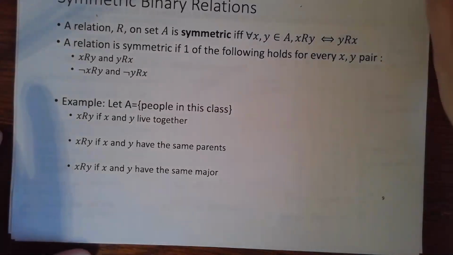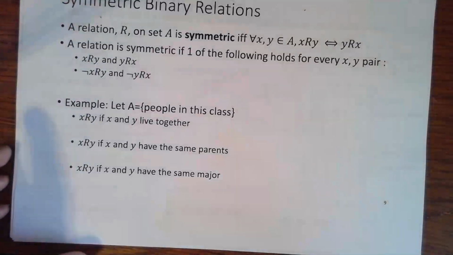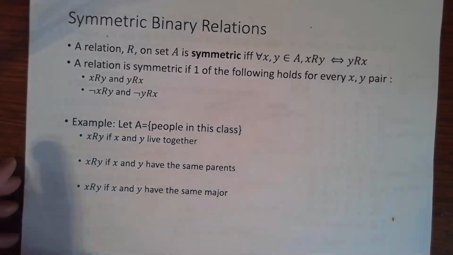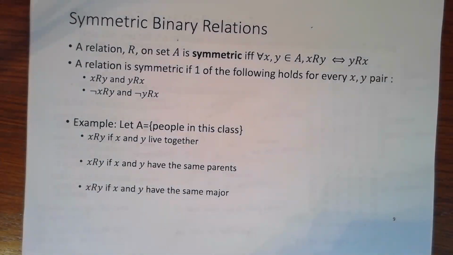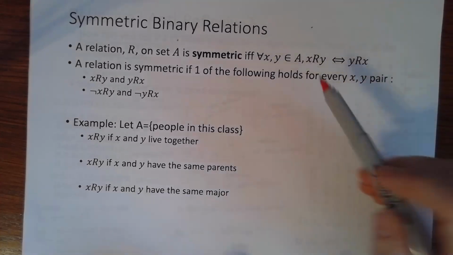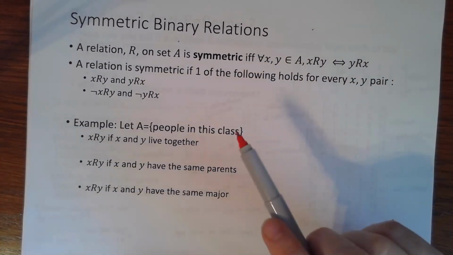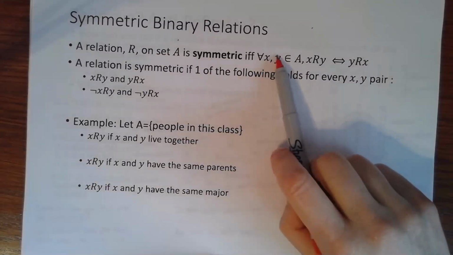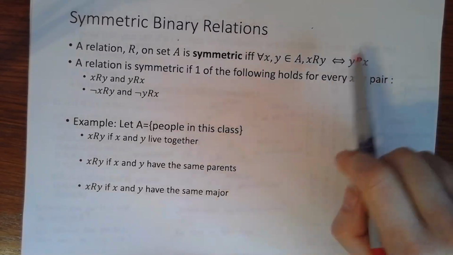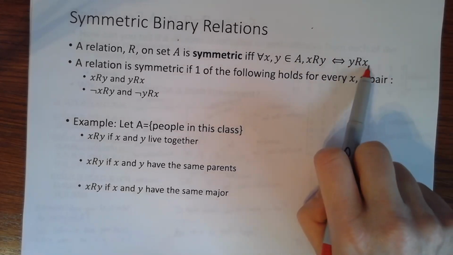The next set of properties we want to look at is symmetric binary relations. A relation is symmetric if for any elements x and y, they don't necessarily have to be different, they could be the same, but any elements from the domain x and y, if x is related to y, then you also have that y is related to x.